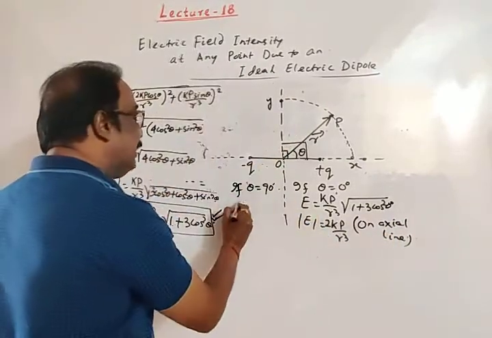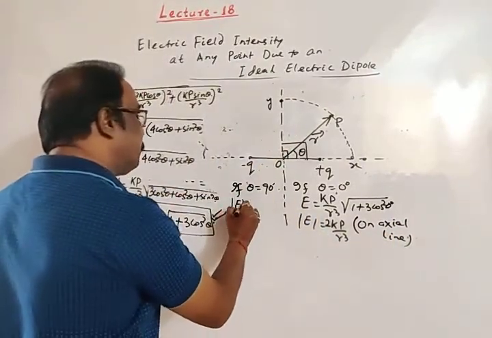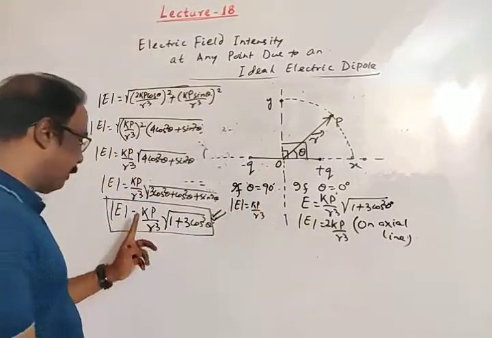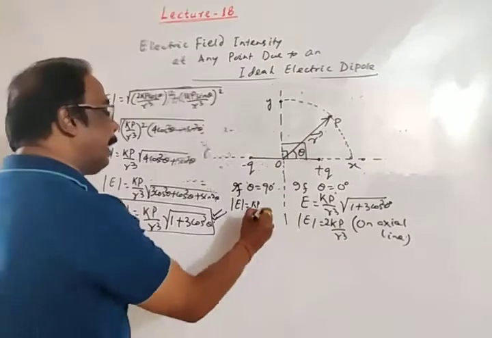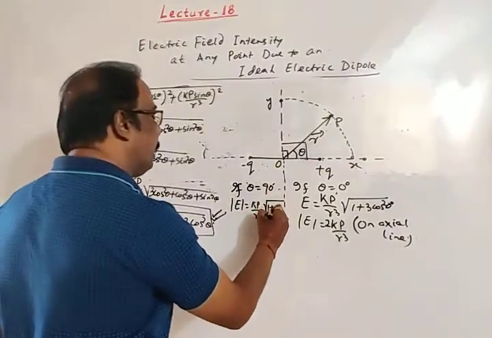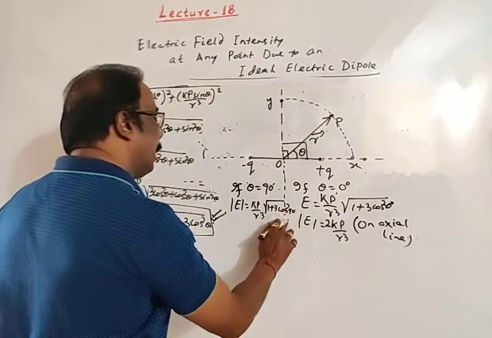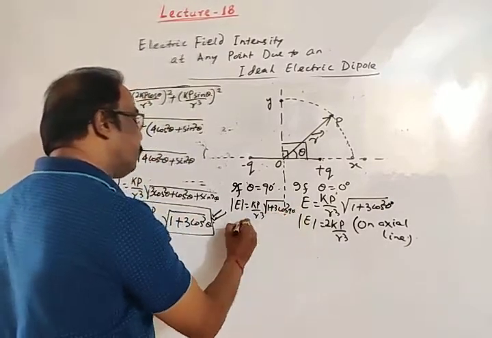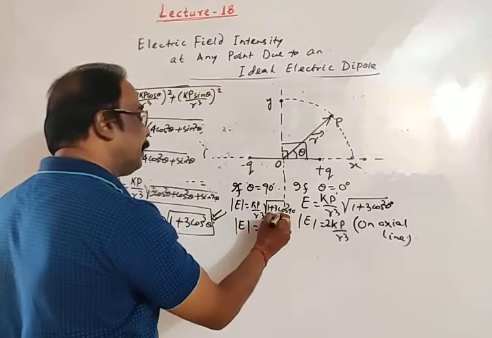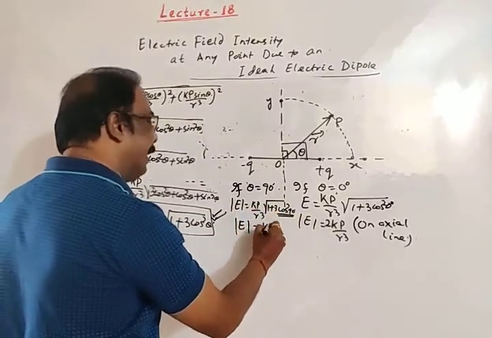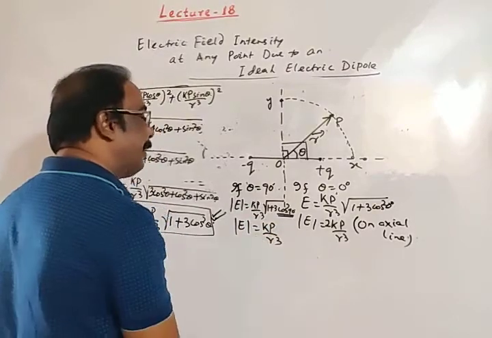If theta is 90 degrees, then the magnitude of electric field will become Kp by r cube square root of 1 plus 3 cos square 90, and as we know cos 90 is 0, 3 cos square 90 is 0, square root of 1 is 1, then it is Kp by r cube.